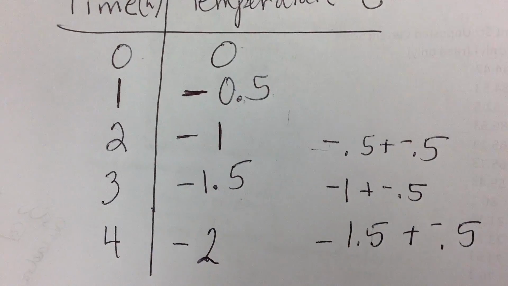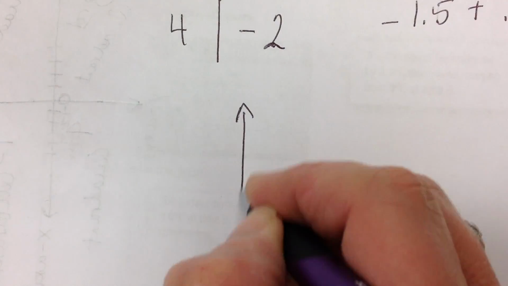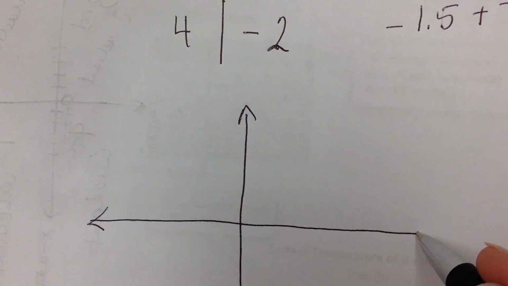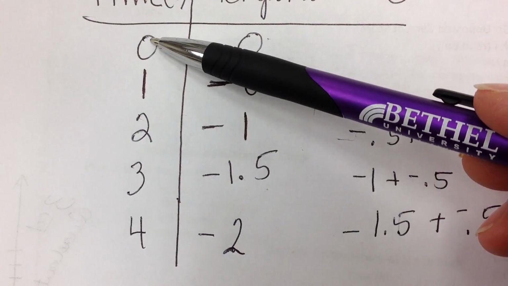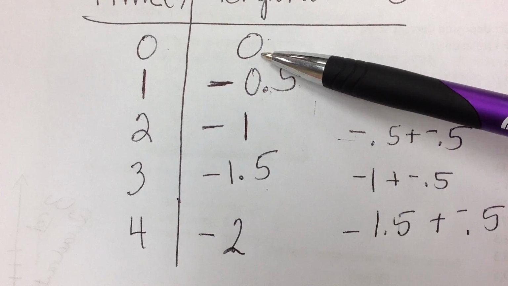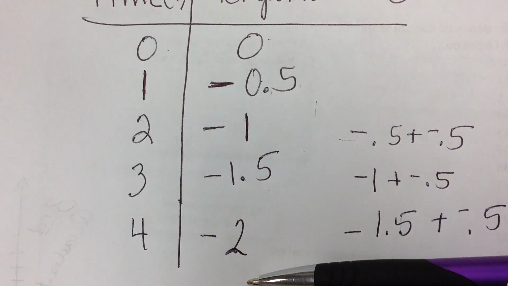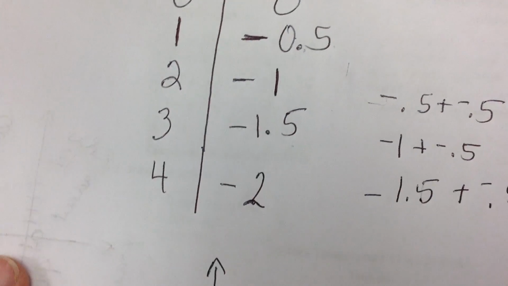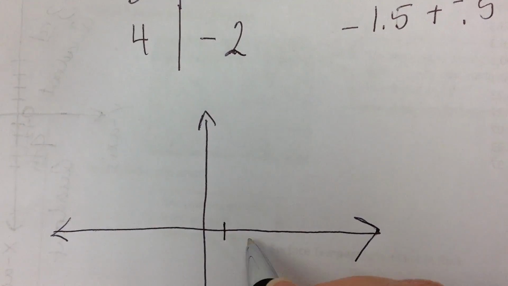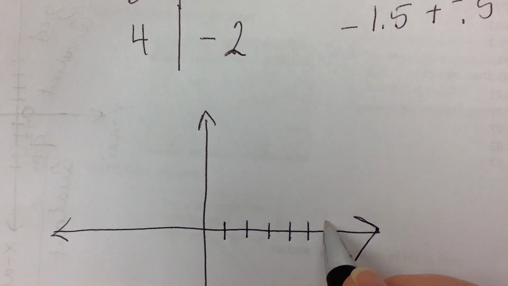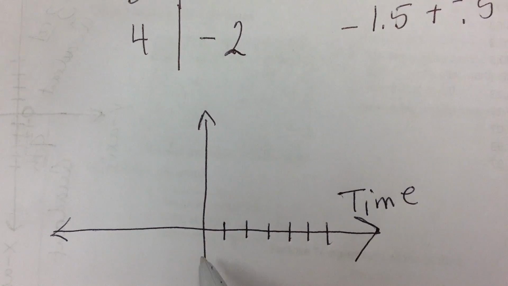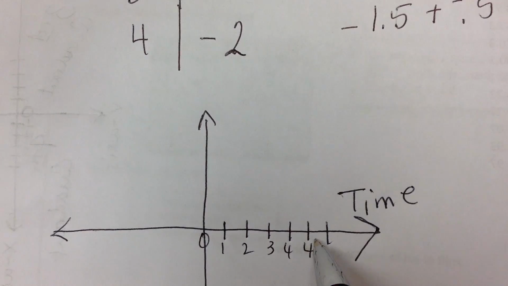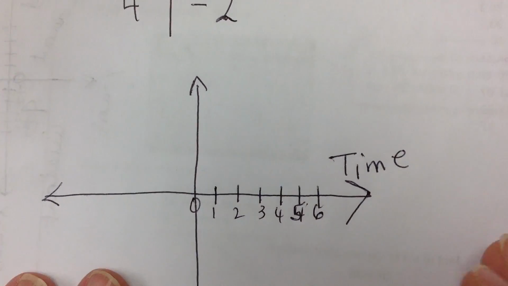All right, so now let's talk about drawing our graph. Which quadrant are we in? If our x values are positive and our y values are negative, I believe we're going to be in the 4th quadrant. So here I'll have my x values. These will represent time. So I would be at, of course, 0 here, 1, 2, 3, 4, 5, 6, and so forth on.